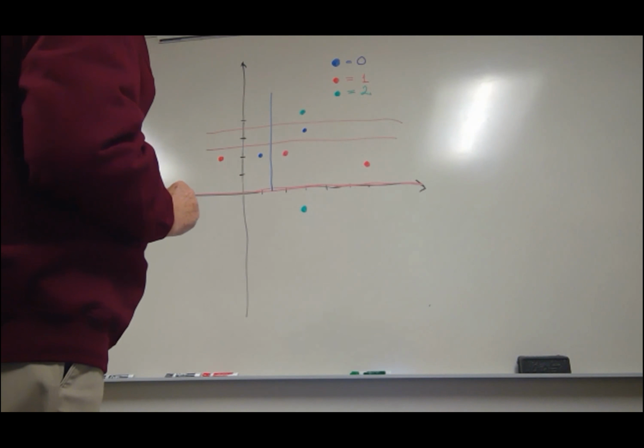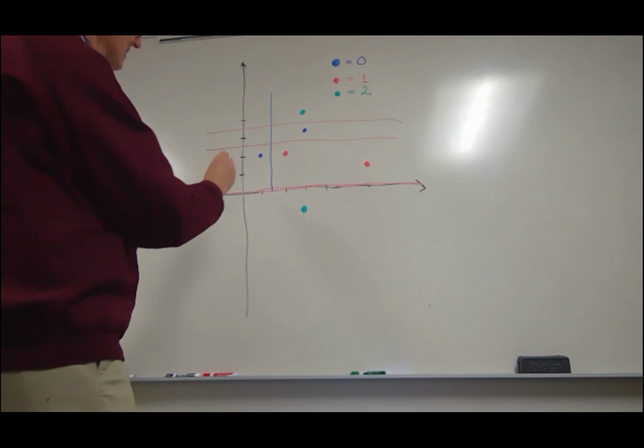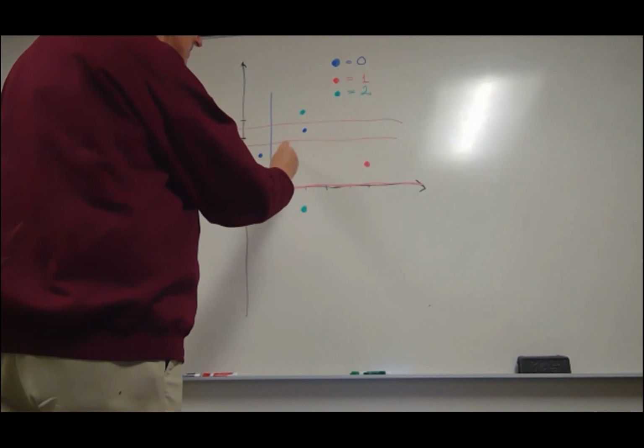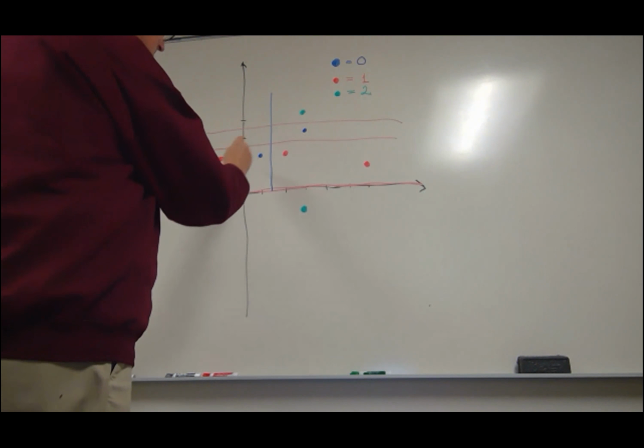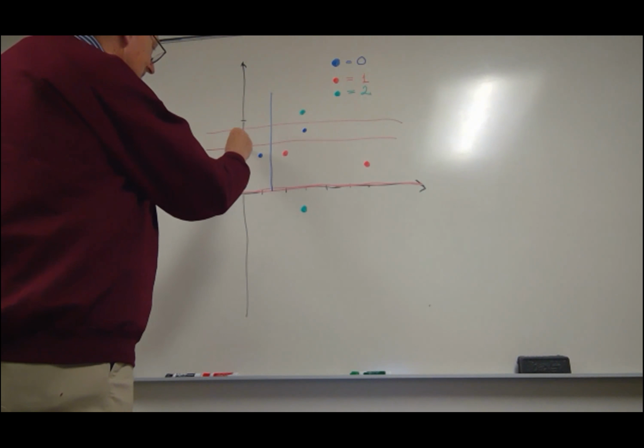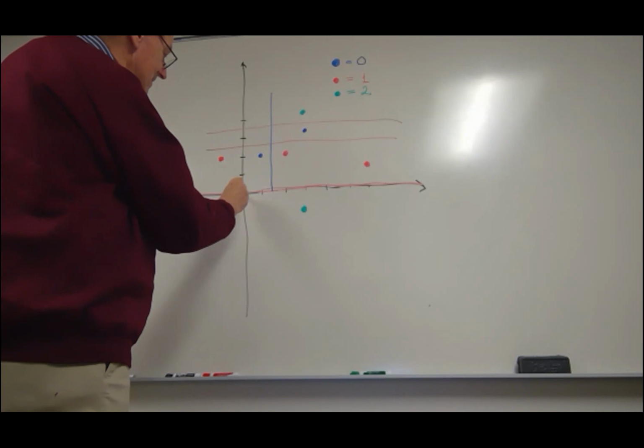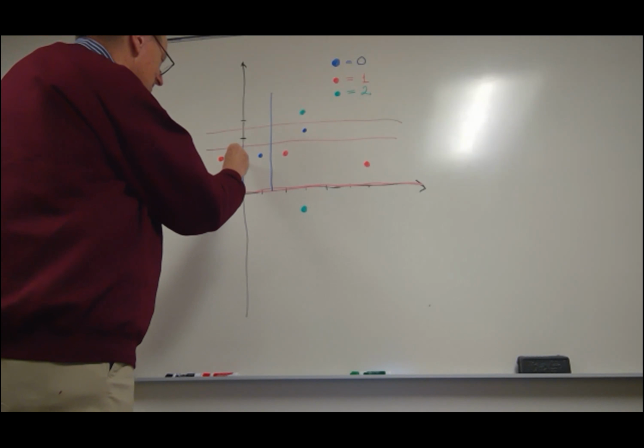Then we have this one that is pure here, and we have these two, which we can of course split by splitting here at the first coordinate equal to 0.